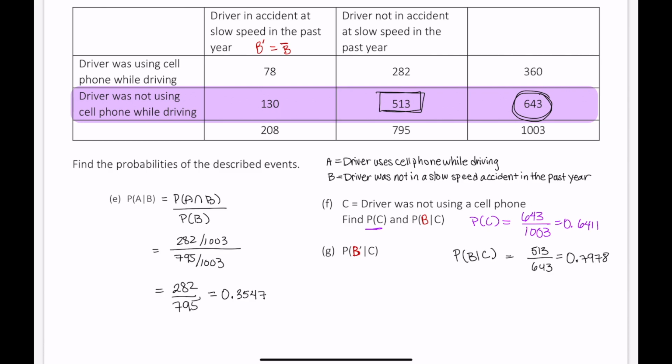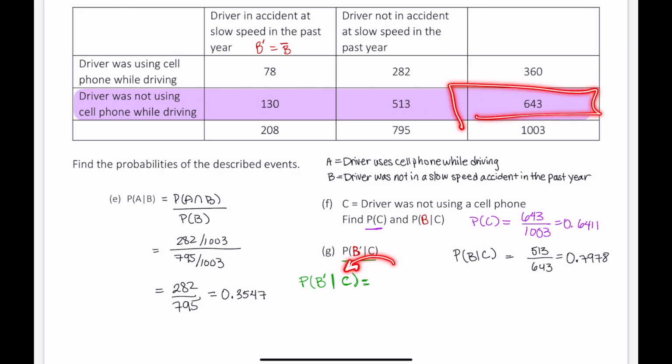Okay, so the probability that a driver was in a slow speed accident in this past year, given that they do not use a cell phone while driving. So again, we're only going to look at drivers that do not use a cell phone while driving because that event has already occurred. We're selecting out of these drivers.